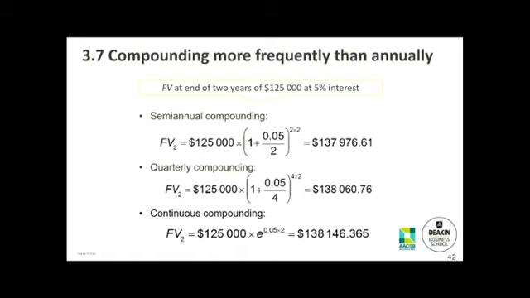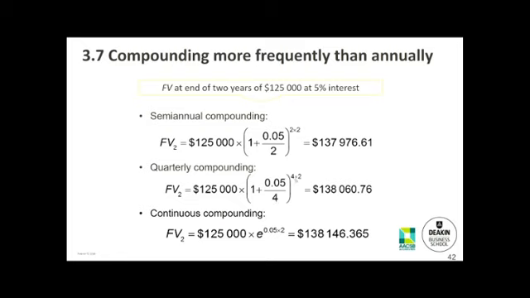What about if it is quarterly compounding? M equals 4. Do you agree? If M equals 4, you divide your interest rate. Remember, this interest rate is always the annual interest rate, okay? You divide it by 4.